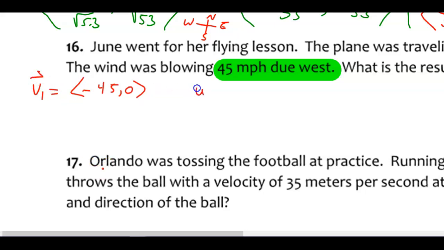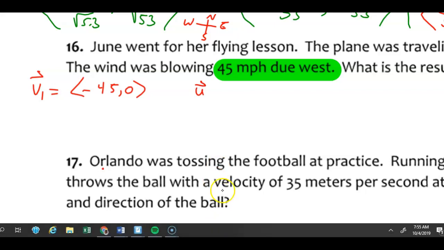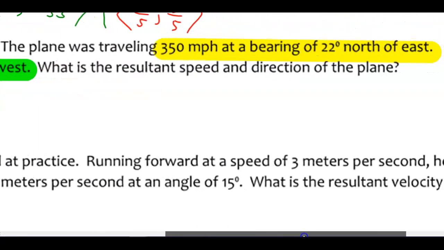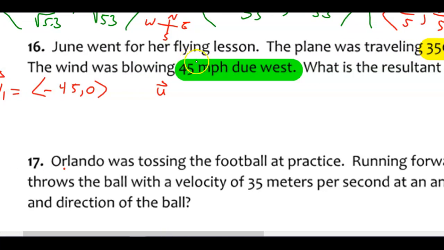We need to find our second vector, based off the one I highlighted in yellow. They gave us a speed, and they gave us a direction, or directed angle.